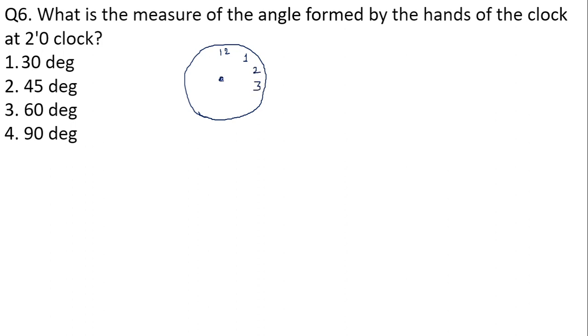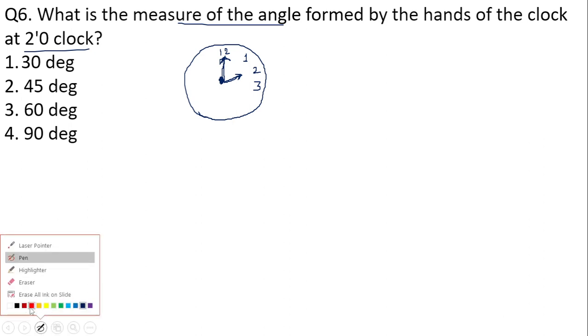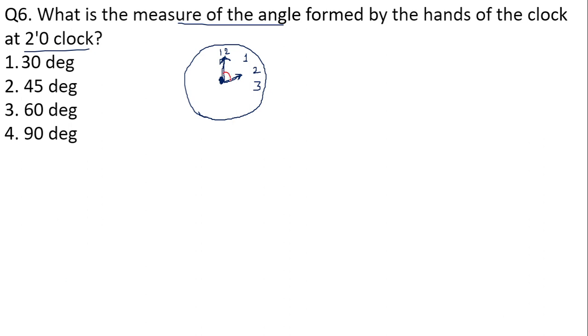So here, when in a clock we have to show the time 2 o'clock, basically this is going to be this angle, right? So, this is going to be the hour hand and this is going to be the minute hand. What they have asked is the measure of the angle formed by the hands of the clock at 2 o'clock. It means they are asking us to find out this particular angle between the minute hand and the hour hand. This is the question that they are asking.